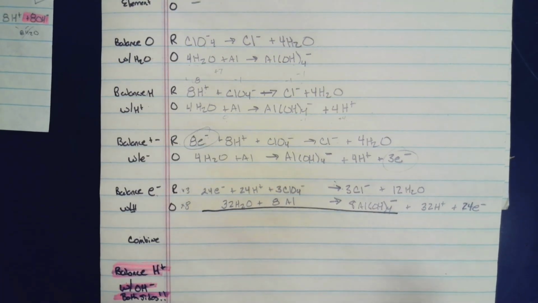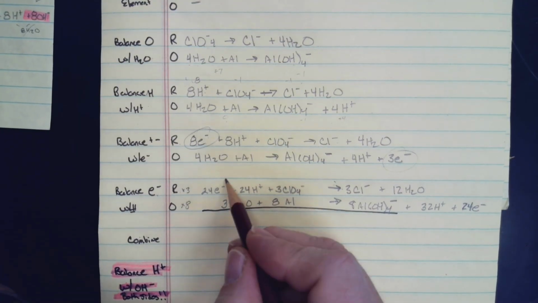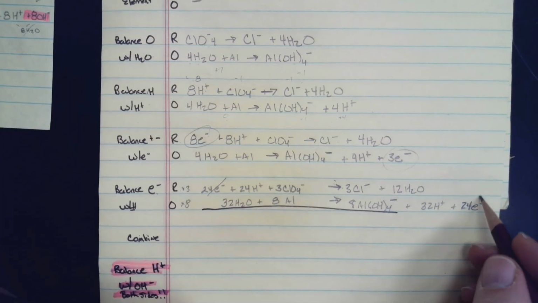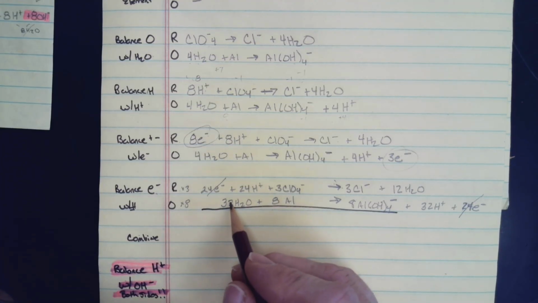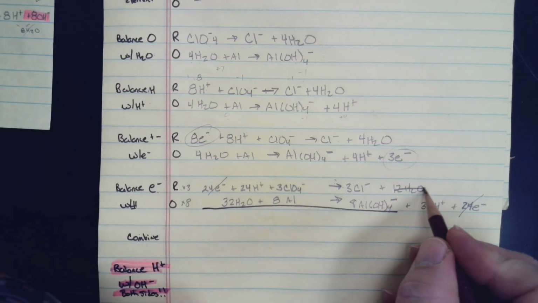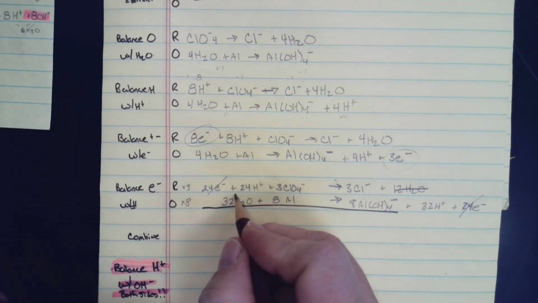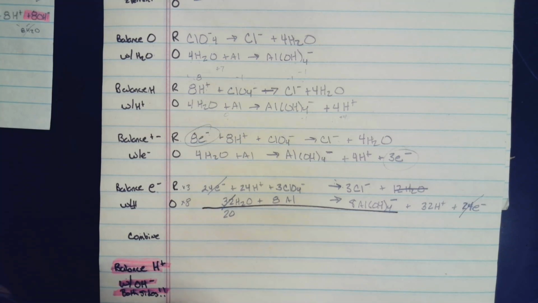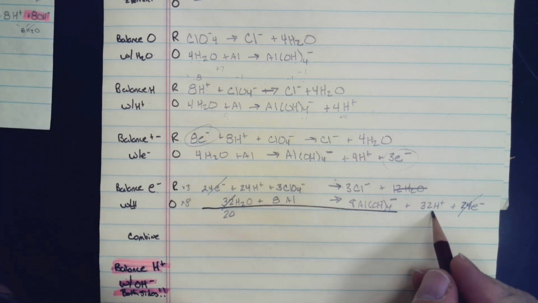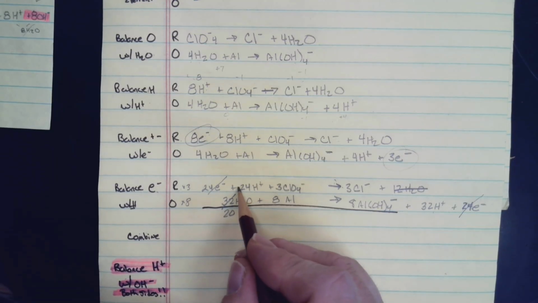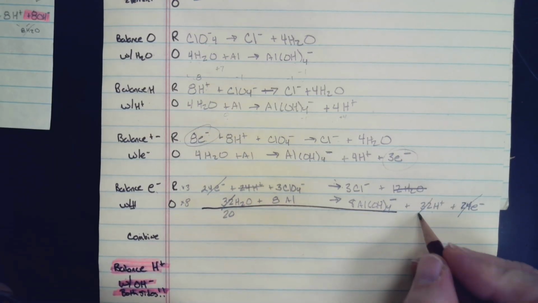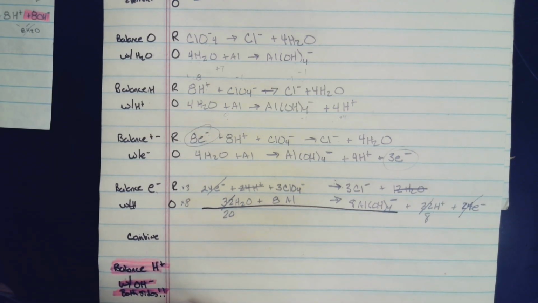Now I need to combine, and I know I'm doing things right because my electrons disappear, and I'm looking for anything else that I can do. Ooh, I can get rid of all of these, and this will change to 20, and I've got 32 hydrogens here, 24 here, so I can get rid of this, and this will go to 8.